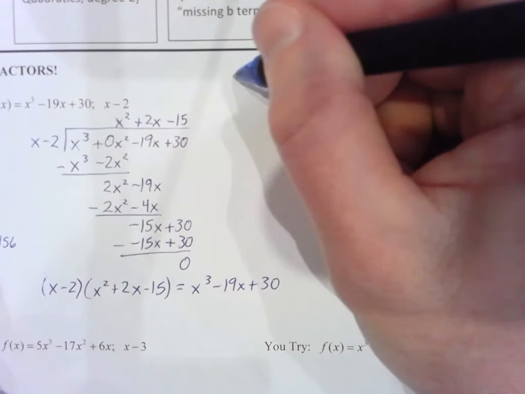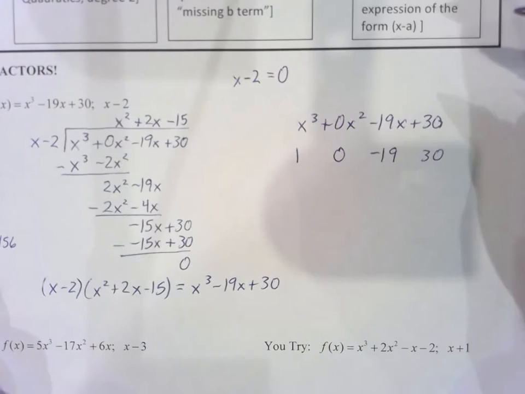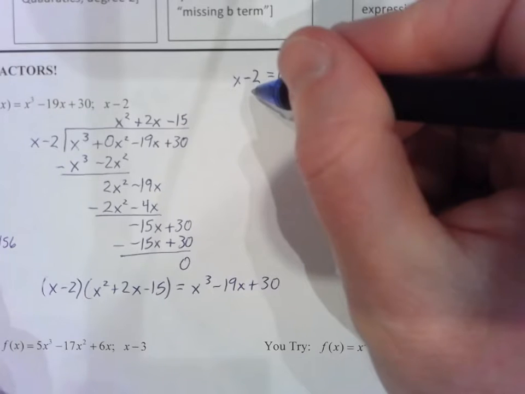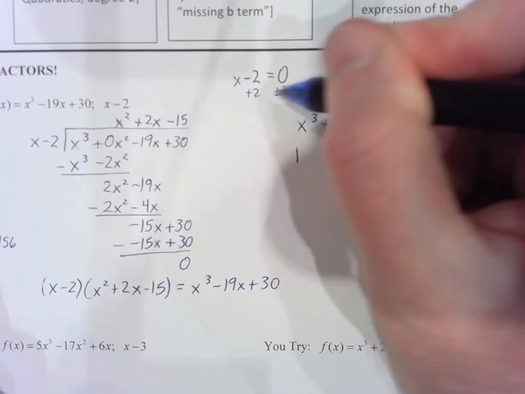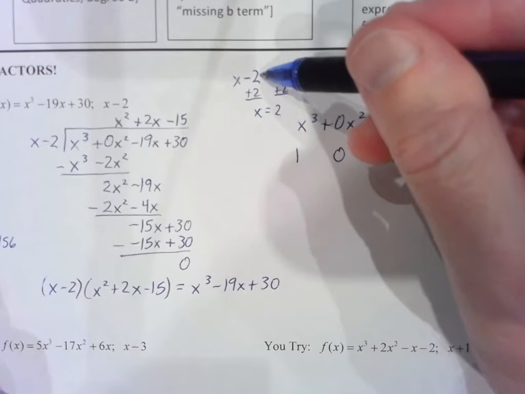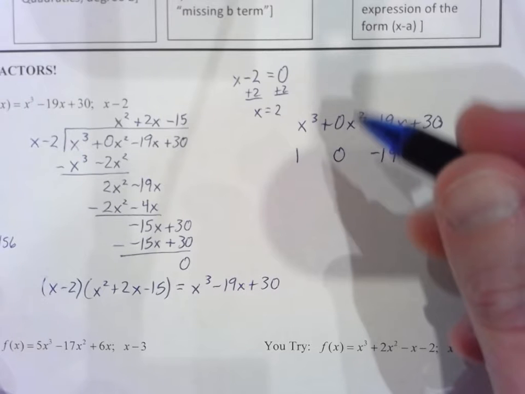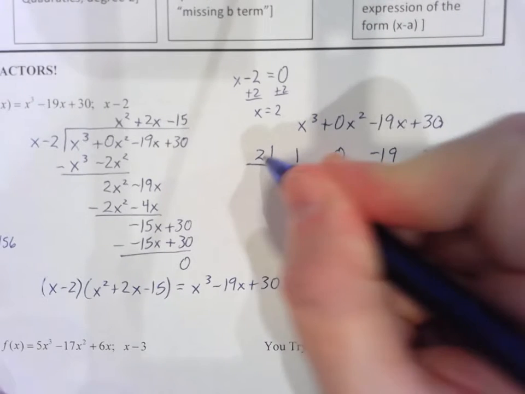So if you think x minus 2, what makes that equal to 0? Well, if we add 2 to both sides, we find that x equals 2 is our 0 when x minus 2 is the factor. So it's just the opposite of the number that's being subtracted. So this 2 is what we put inside this half of a box.